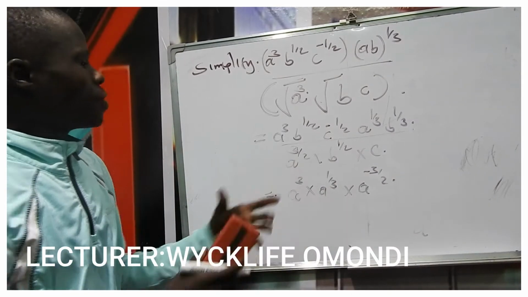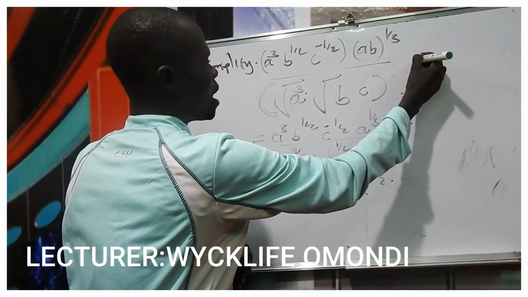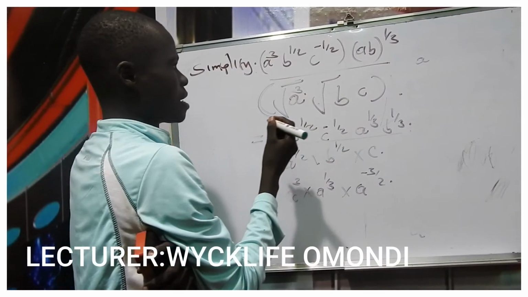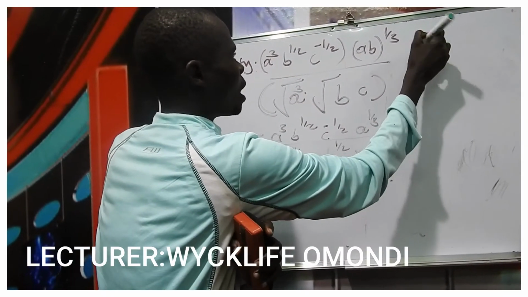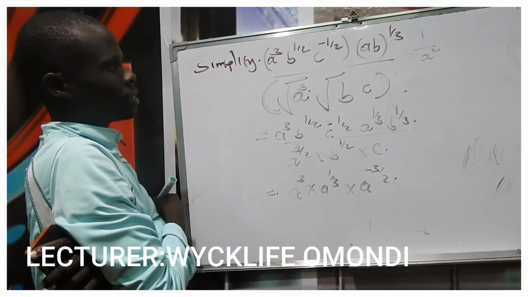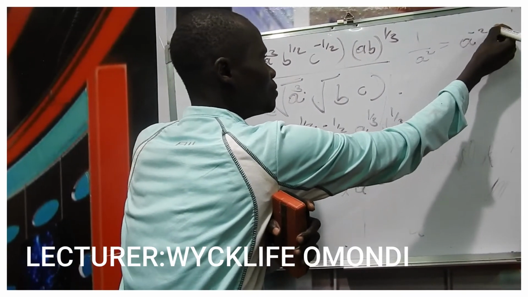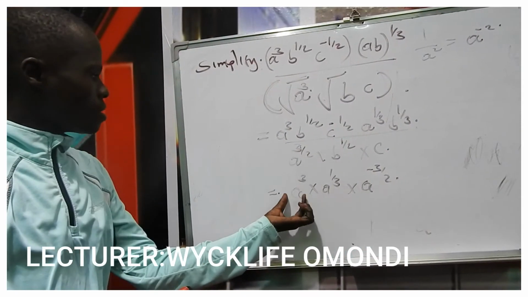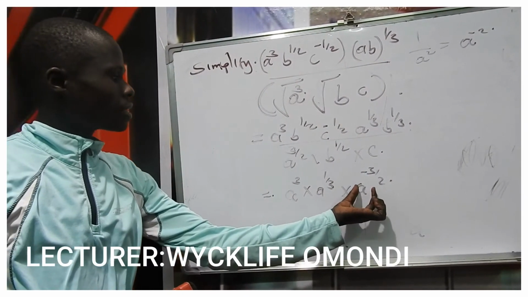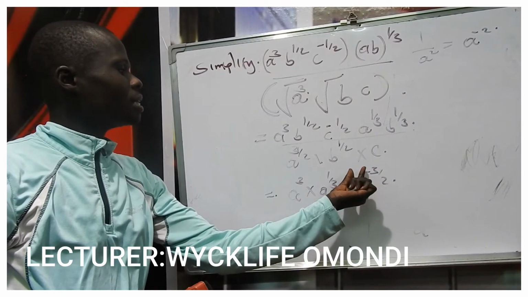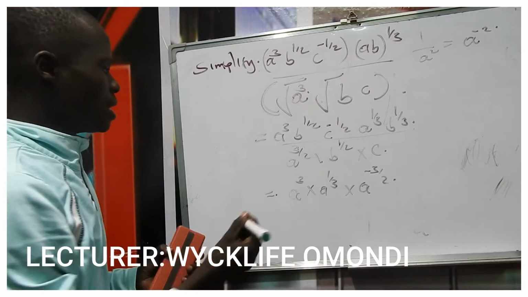When we have 1 over a raised to a certain number, it is the same as a raised to the negative of that number, and that's why a raised to negative 3 over 2 has come.